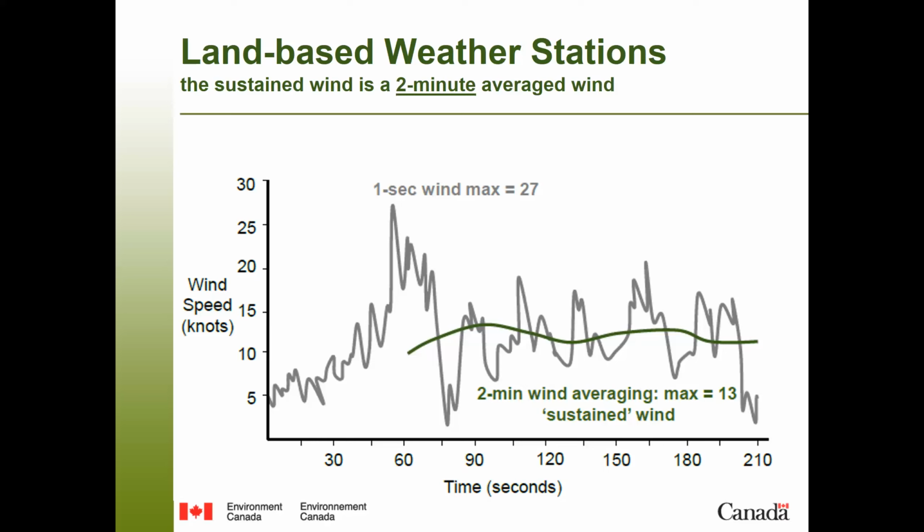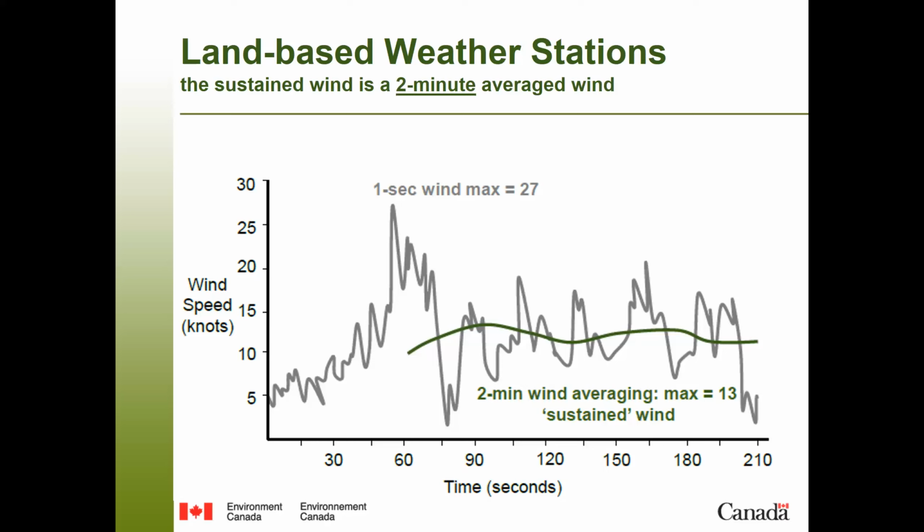So in this case, we've got the 2-minute average being about 13 knots or so, depending on where you are in that curve, 10 to 15 knots, but more on average about 13. But you might say, though, that given the sampling, the sampling is actually showing a much stronger instantaneous wind of 27 knots. This is where the sustained wind can sometimes miss those peak winds.